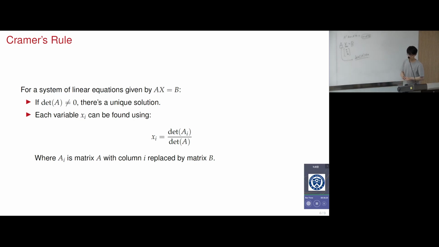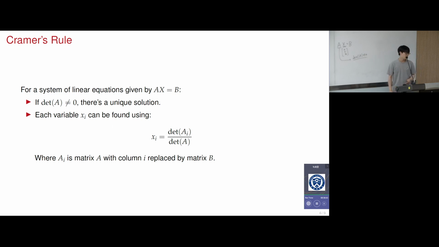If the determinant of A is zero, you can't use Cramer's rule. But if the determinant is non-zero, which means X does have a unique solution, we can use Cramer's rule, which helps us find some of the elements in X faster.